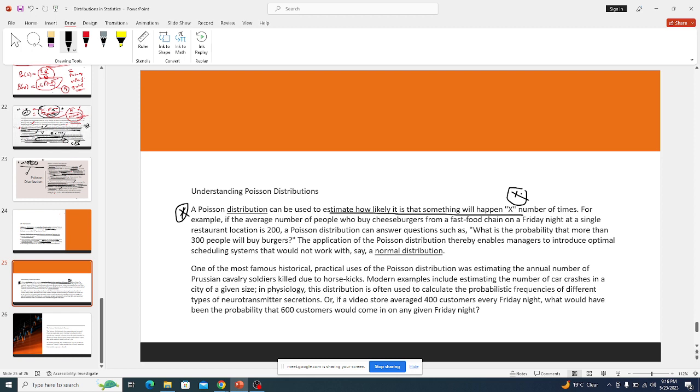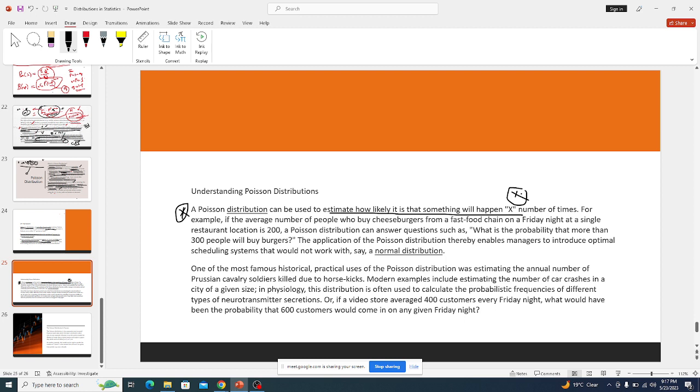On Fridays you usually get 200 customers every Friday. According to historical data, you usually get roughly 200 people coming to buy your burger.